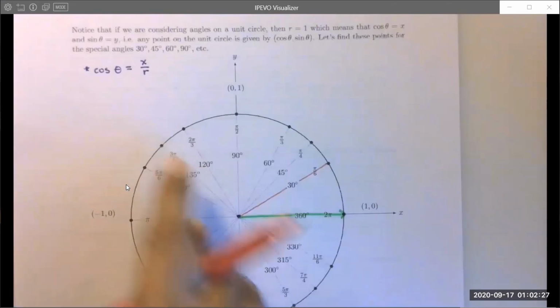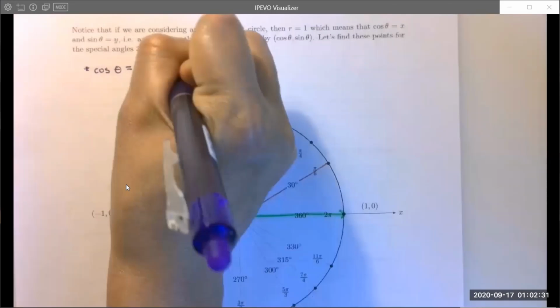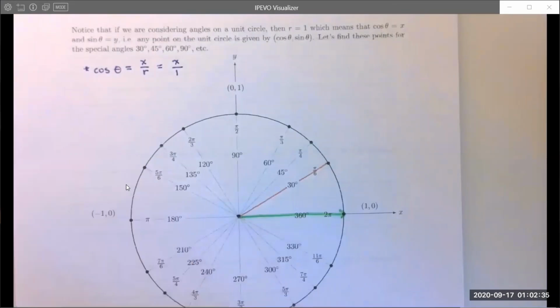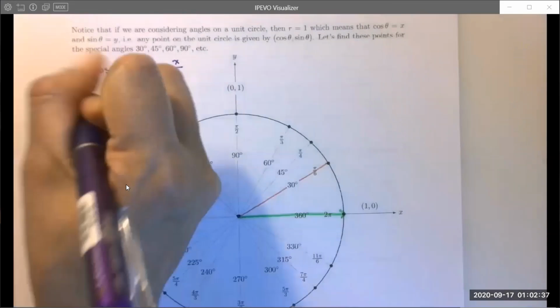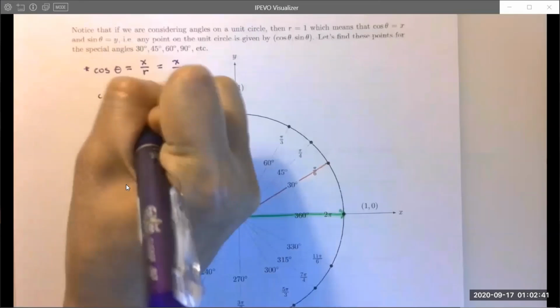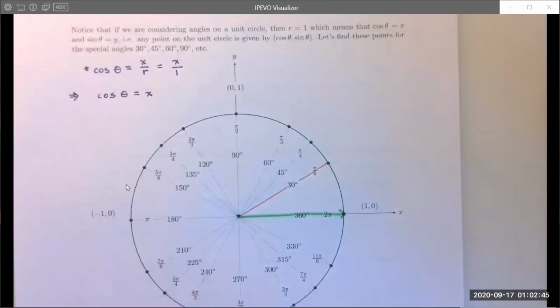So r is going to be 1 regardless of what point you pick on the edge, right? Because the radius is 1. So what that means then is that cosine of angle theta is x on the unit circle. Okay, so it's exactly the x coordinate on the unit circle.